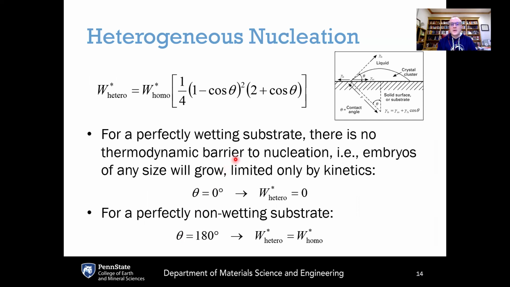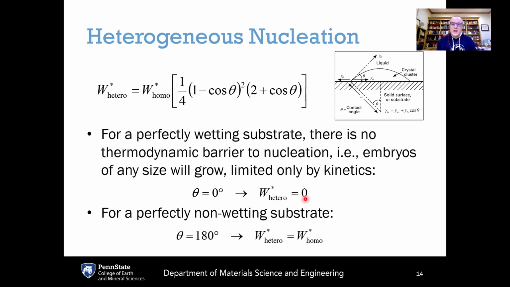If you have a perfectly wetting substrate, so if the nucleus perfectly wets the substrate, then the contact angle theta would go to 0. And if you put in a contact angle of 0 here, then this entire term goes to 0, which means that the thermodynamic barrier for heterogeneous nucleation is 0.